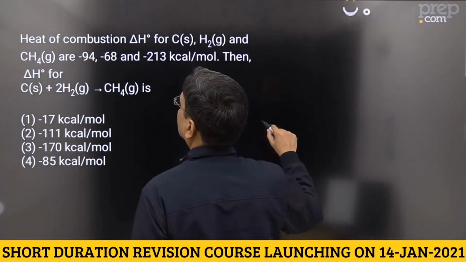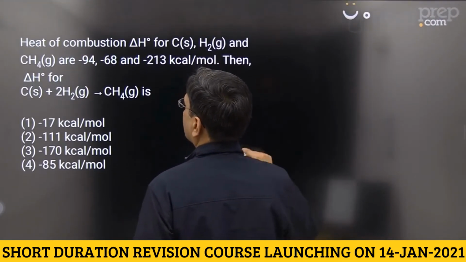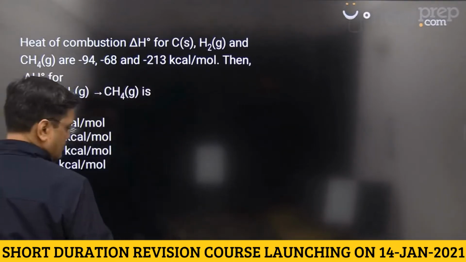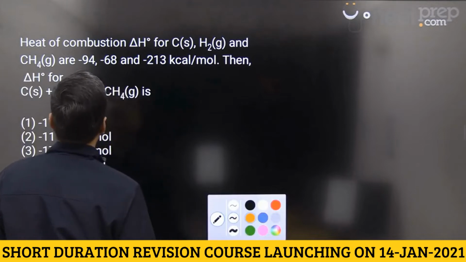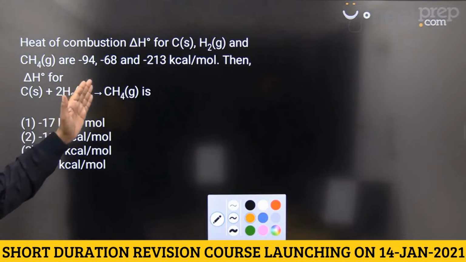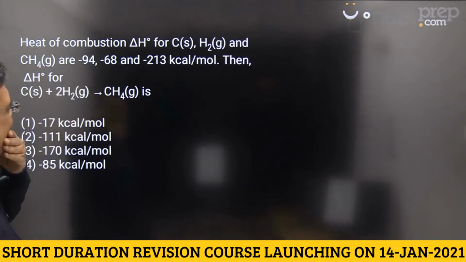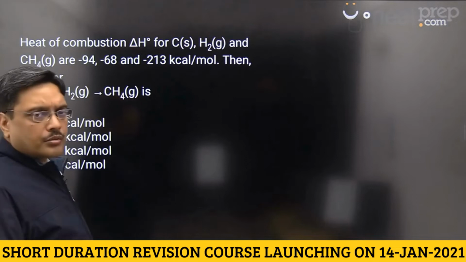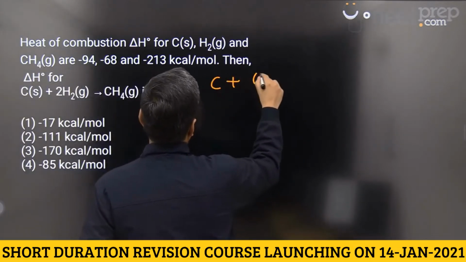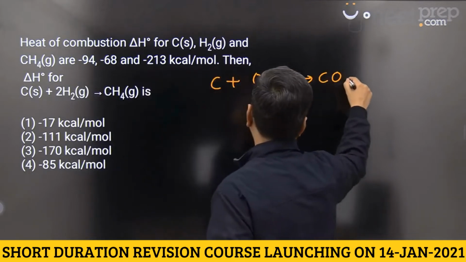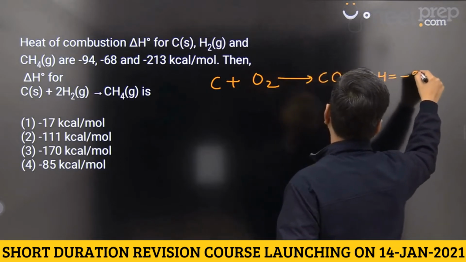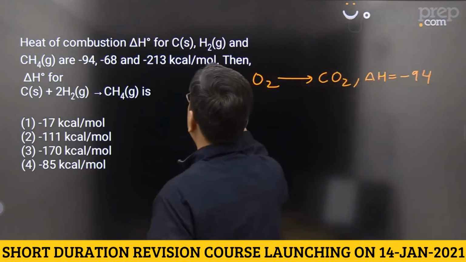Now see another question. Here heats of combustion are given. See how this question is solved. Firstly, write down the equations: heat of combustion of carbon, hydrogen and methane. You can form the combustion equations. C plus O2 is equal to CO2, and delta H is minus 94 kilocalorie.